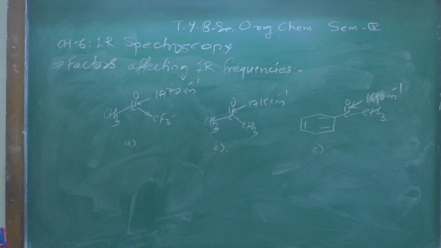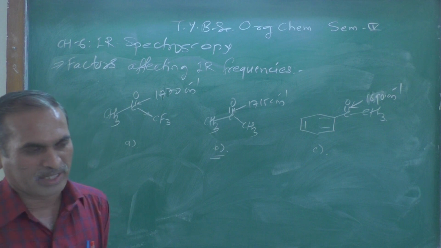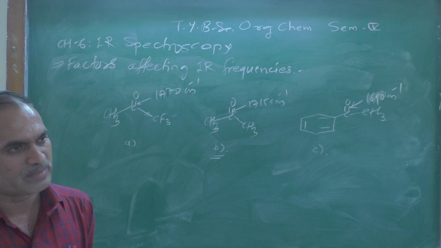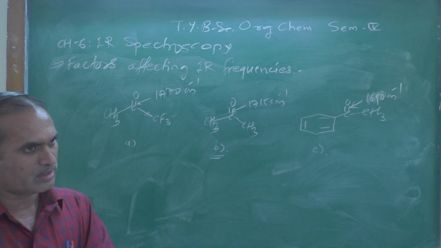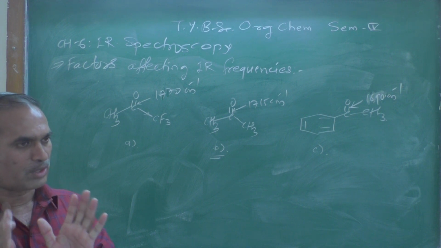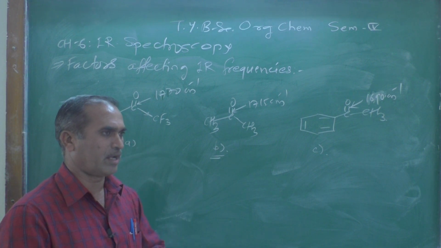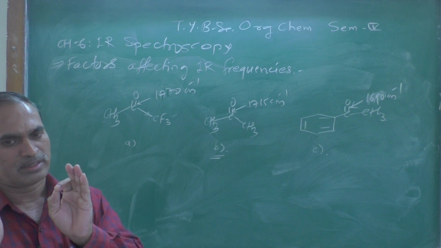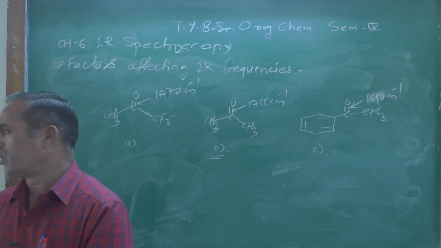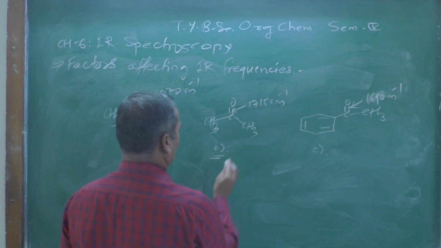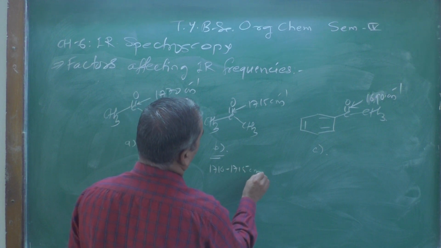Now if you observe structure B carefully, this is a normal saturated ketone, and the normal value for a saturated ketone will be, as we know, 1715 per centimeter.